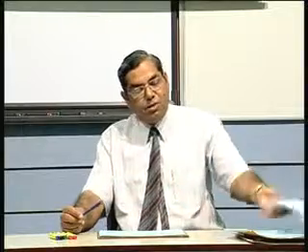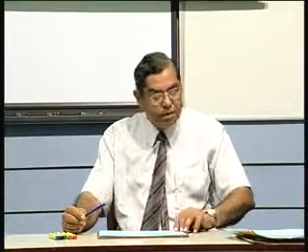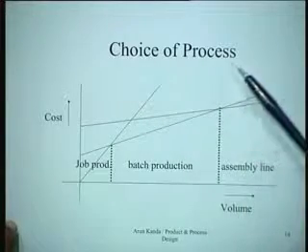Of course, apart from this, there could be other facilities that we have, like teleconferencing, which is again office automation, which would help us to have interactive dialogues with somebody else at a different location. So one-to-one personal talk can be made available through these. So all these things, the point is that in various categories you can use different kinds of automation depending upon the situation. Let's now talk about the choice of the appropriate process.